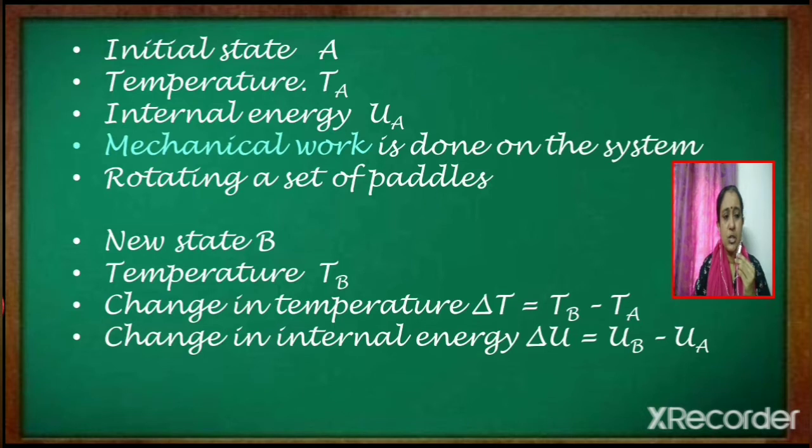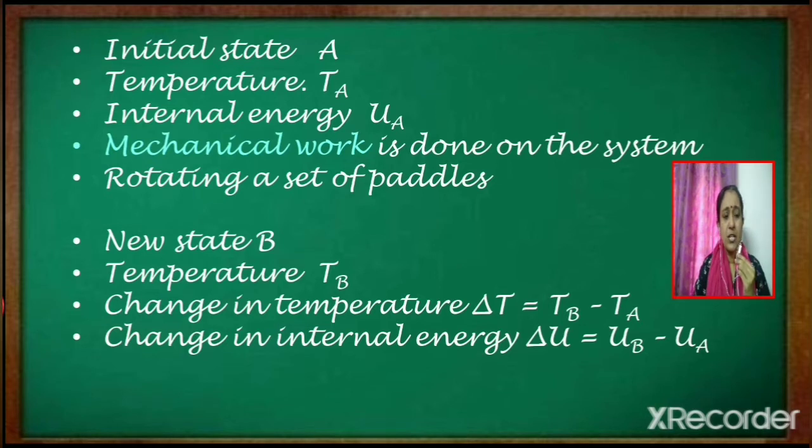But this heat energy produced cannot leave the system since the system is adiabatic. So the heat energy produced will be taken up by water, as a result of which there will be a rise in temperature. When 1 kilojoule of mechanical work is done, the system will be taken to a new state called B. It is taken as the final state where the temperature is TB.